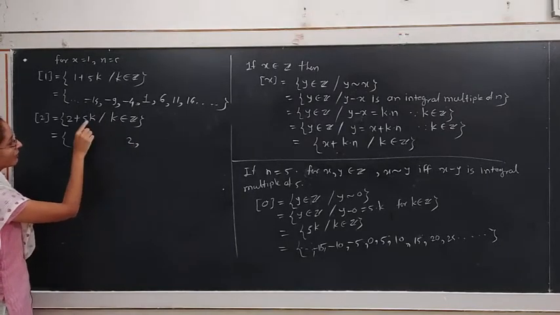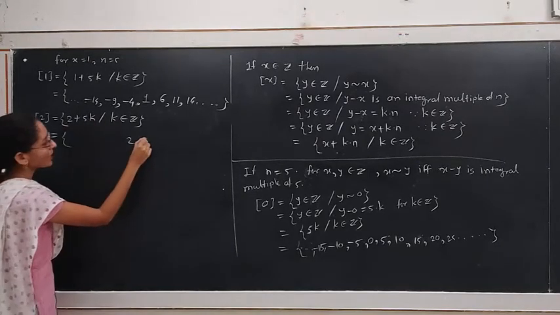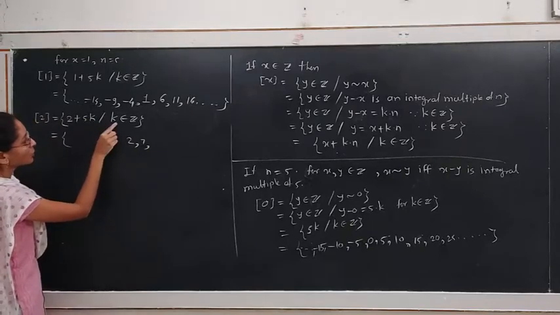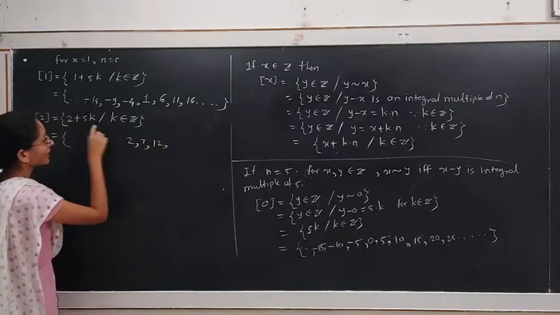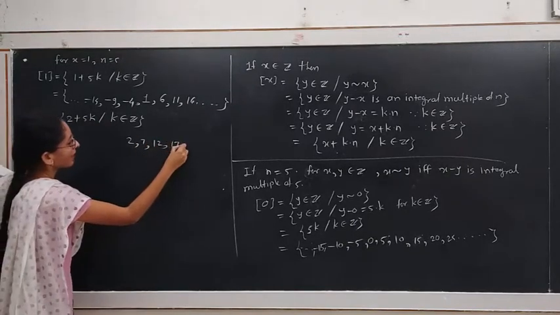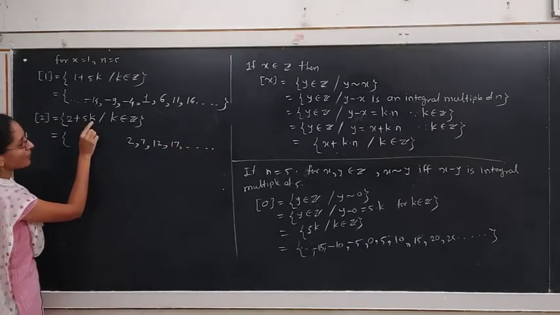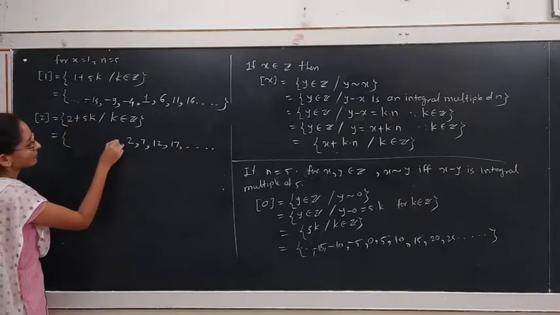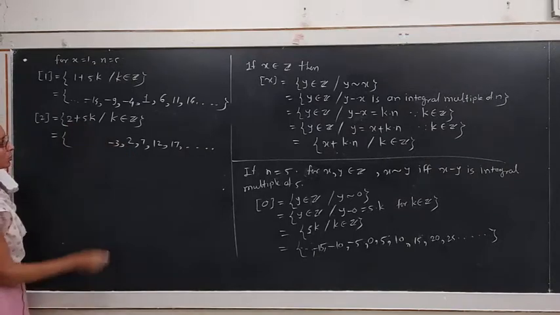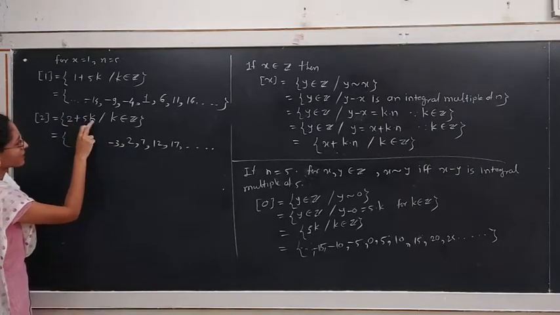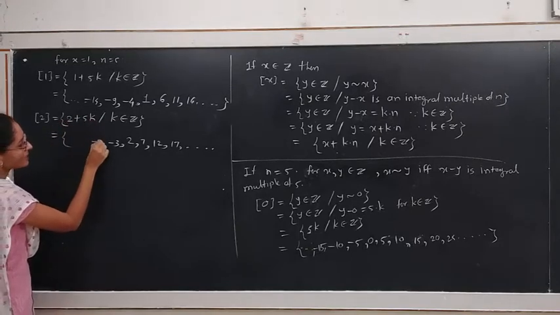For k equal to 1, we get 5 plus 2 as 7. For k equal to 2, we get 12. For k equal to 3, we get 17, and so on. Also, for negative integers, if k equal to minus 1, then we get minus 3. K equal to minus 2 gives minus 10 plus 2, which is minus 8.